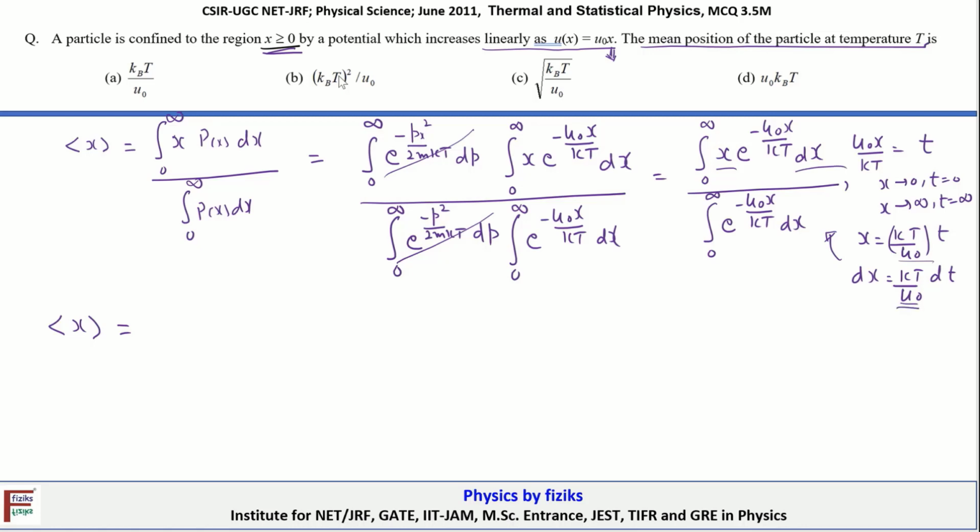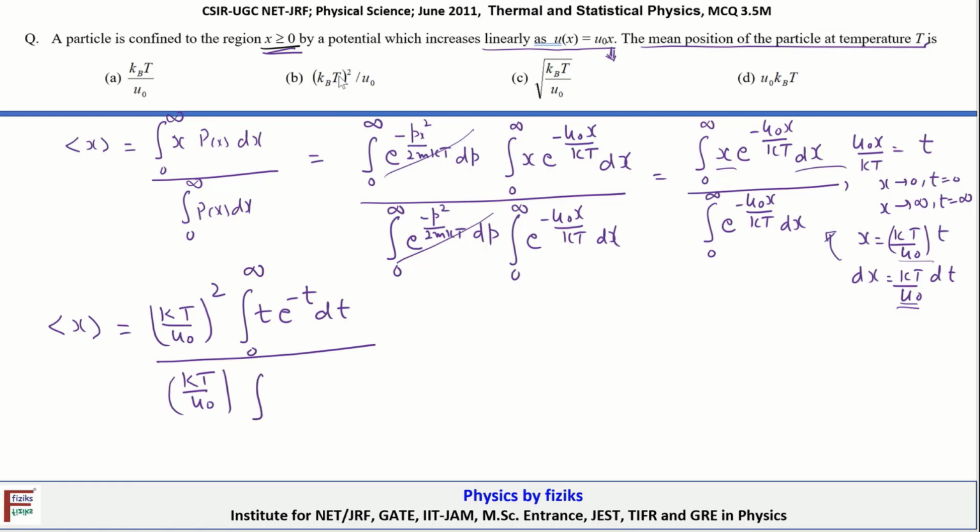So in the numerator we have kT upon u naught squared, and the integral from 0 to infinity of t exponential minus t dt, divided by kT upon u naught times the integral from 0 to infinity of exponential minus t dt.